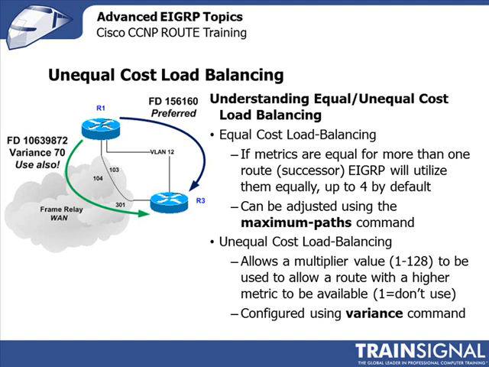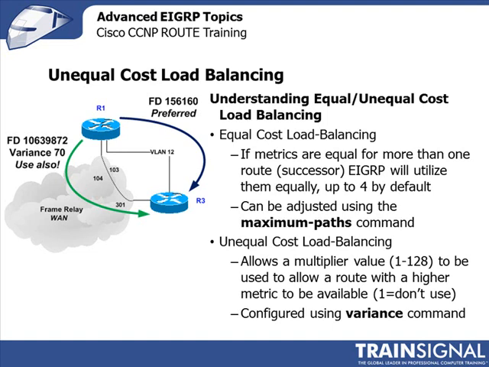It would be the feasible successor, but it would not be actively used. However, there's the ability to use a multiplier value, an integer value between 1 and 128, to be used to allow a route with a higher metric to be available and usable. If the variance is at 1, then it means don't use unequal cost load balancing. But if you want to be able to use it, you can adjust.